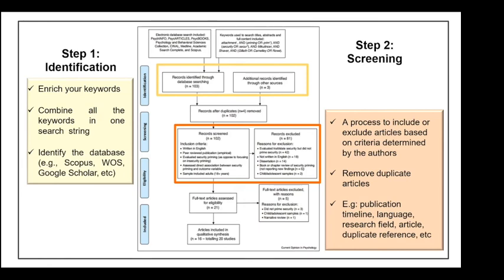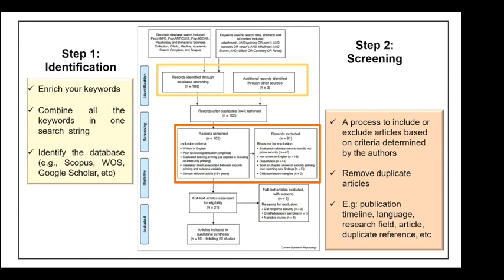You can determine these criteria by yourself, but the criteria that you propose must be reasonable. You should not include any criteria that is not reasonable at all. Based on your topic, you find out what criteria you can include, both inclusion criteria and exclusion criteria.